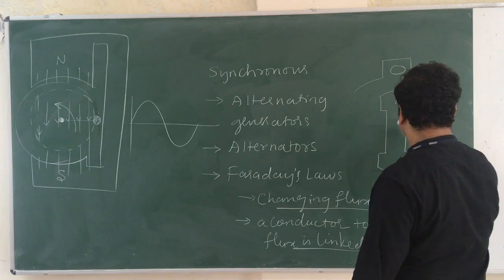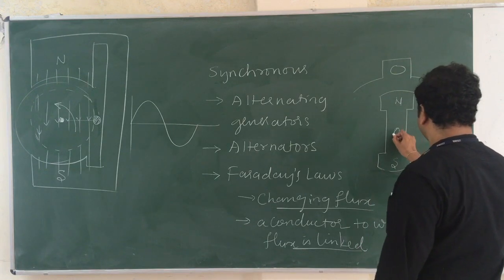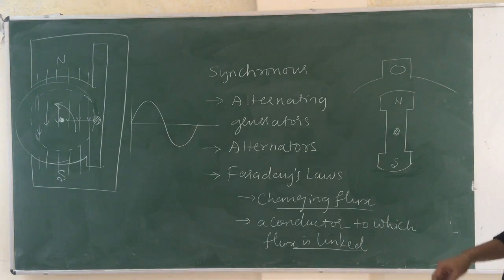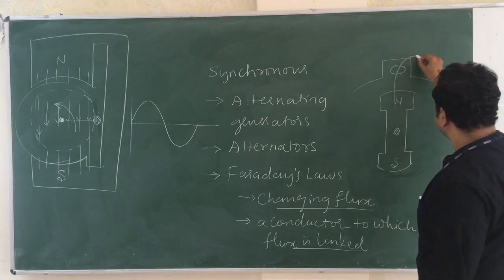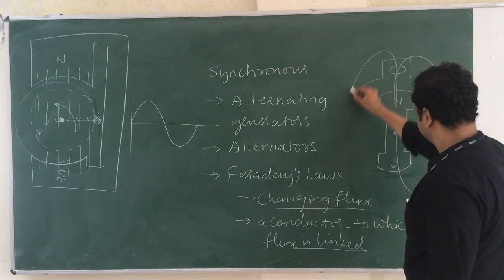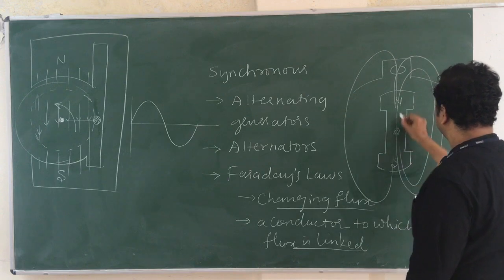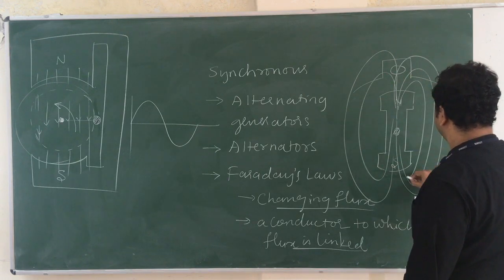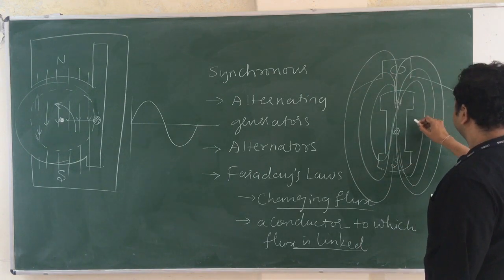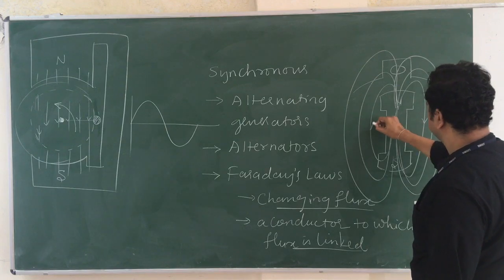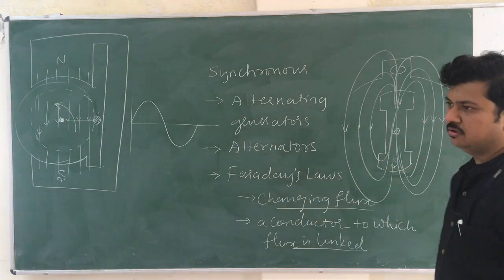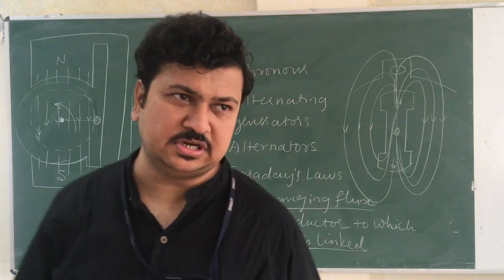So this is north, this is south, this is the shaft axis. Now the flux is created. Now the magnitude of the flux is kept constant.